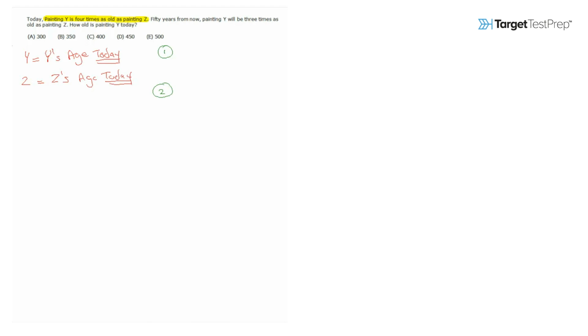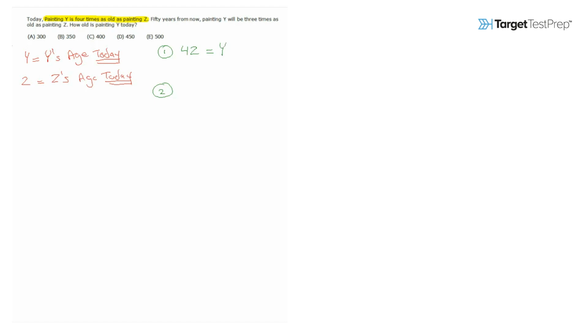What that means is that you always need to take the smaller side and multiply it or add something to it to equal the larger side, assuming you're multiplying by an integer or a whole number. So when it says Y is 4 times as old as Z, that means Y is actually the older painting. So we would take Z, which is the smaller or younger painting, multiply it by 4, and set it equal to Y.